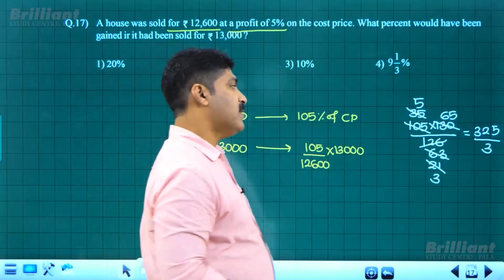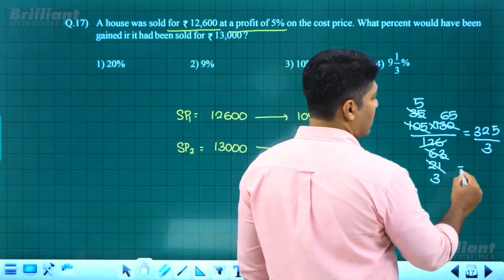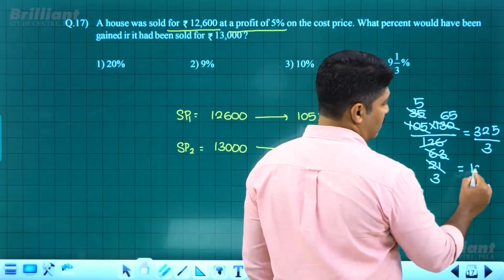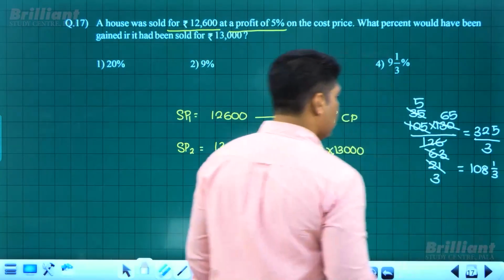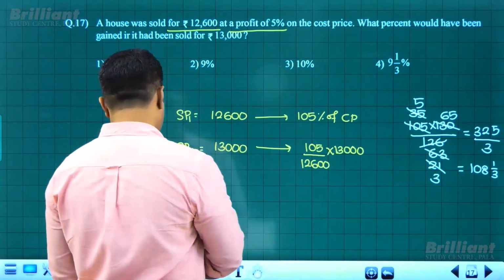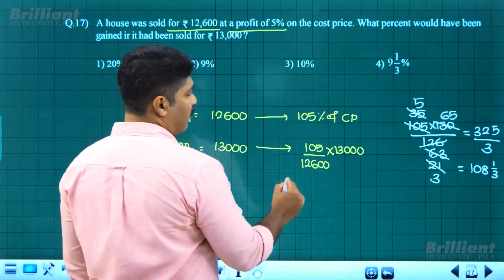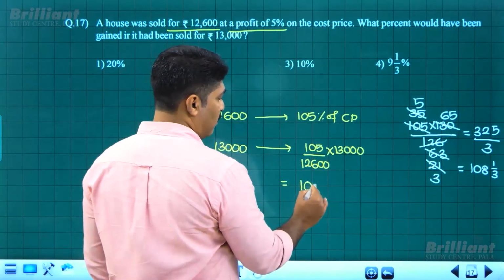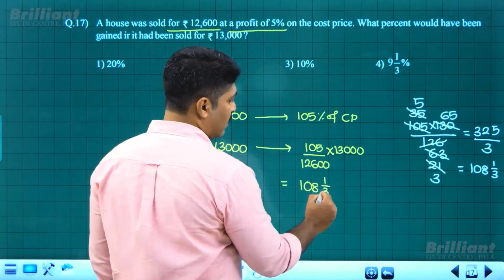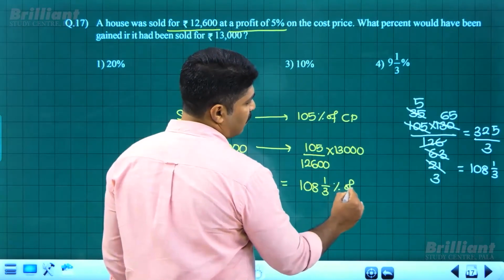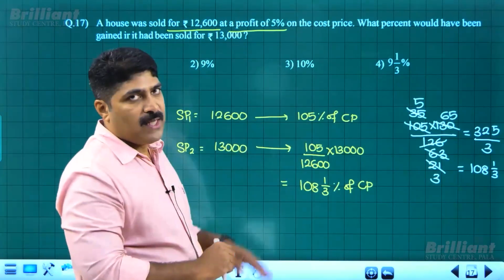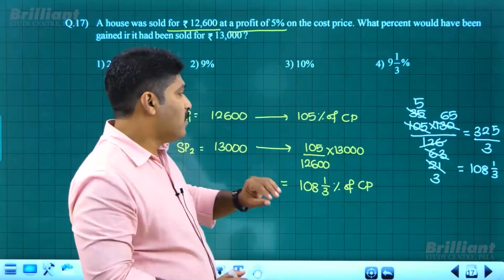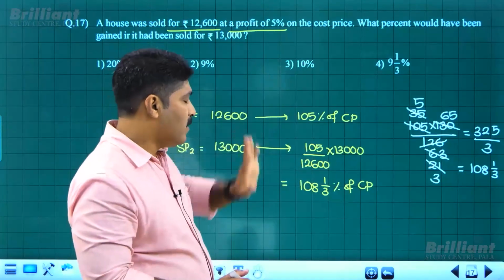So therefore, if you are simplifying this one, what you will get? This is 108 and 1 by 3. So we can write this step as this value. We can write it as 108 and 1 by 3% of cost price. When this value is 105% of cost price, the profit is 5%.